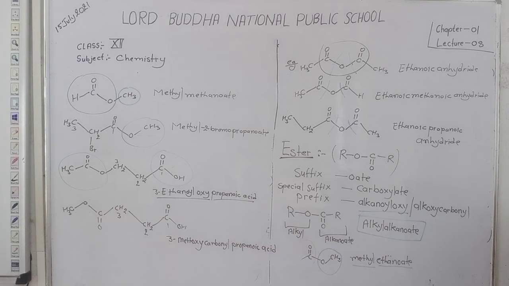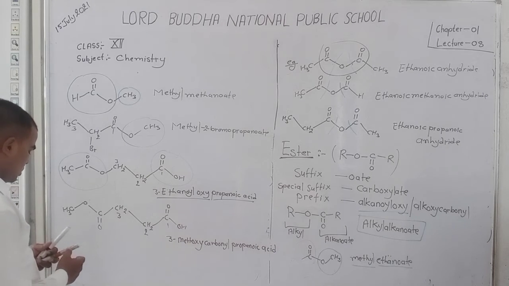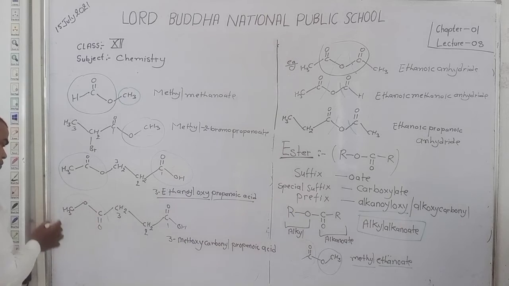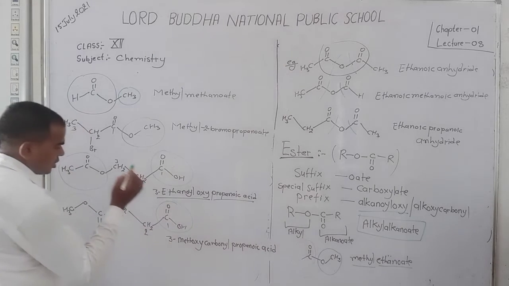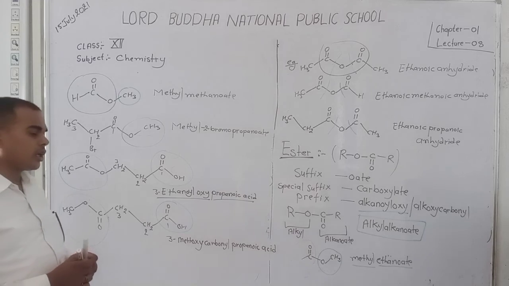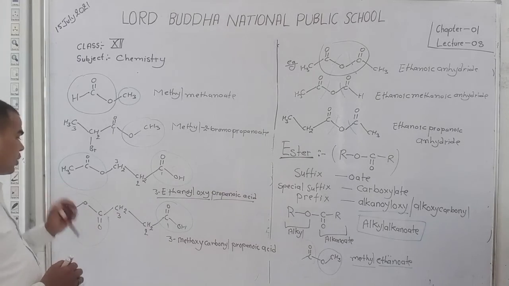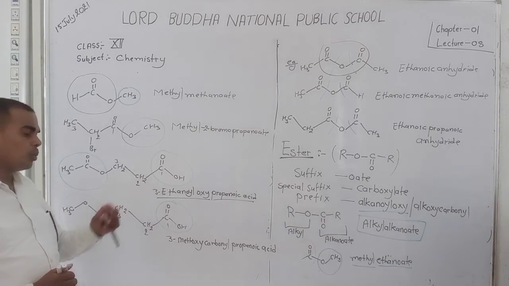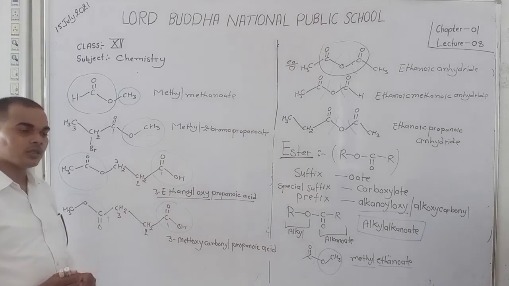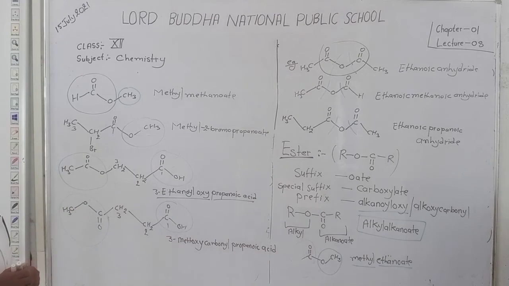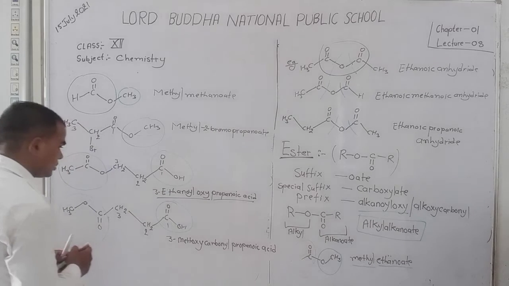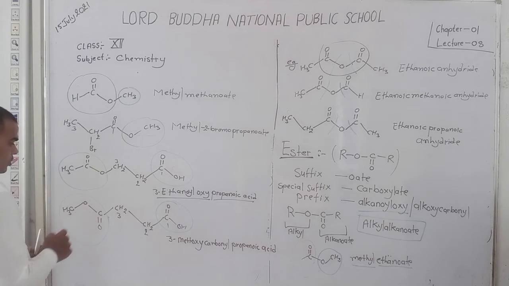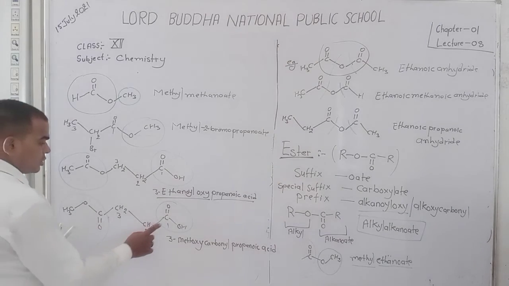Okay, student. Now here again two groups are present. One is ester and the other is carboxylic group. You know that the priority of the carboxylic group is greater than the priority of ester. So use this group as the principal functional group and write its suffix, and use this group as a substituent and write its prefix. First count the carbons from the carboxylic carbon: 1, 2, 3.